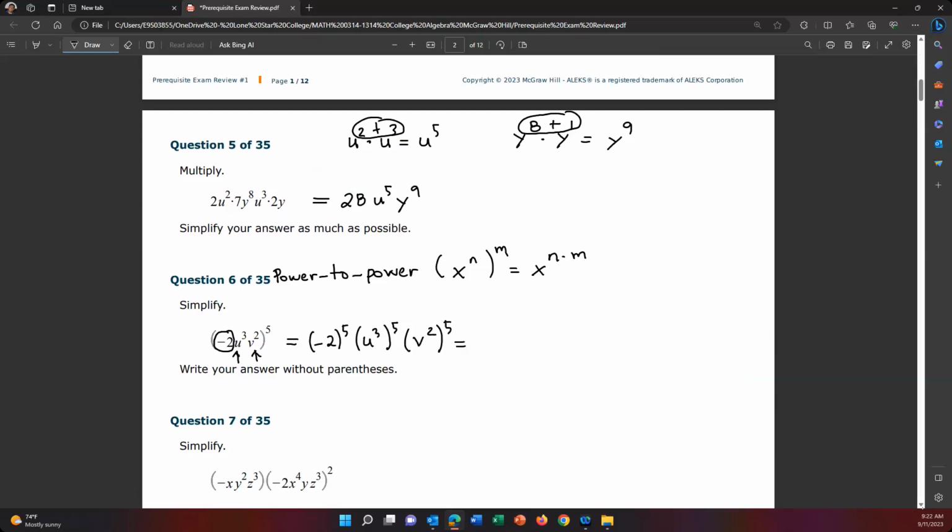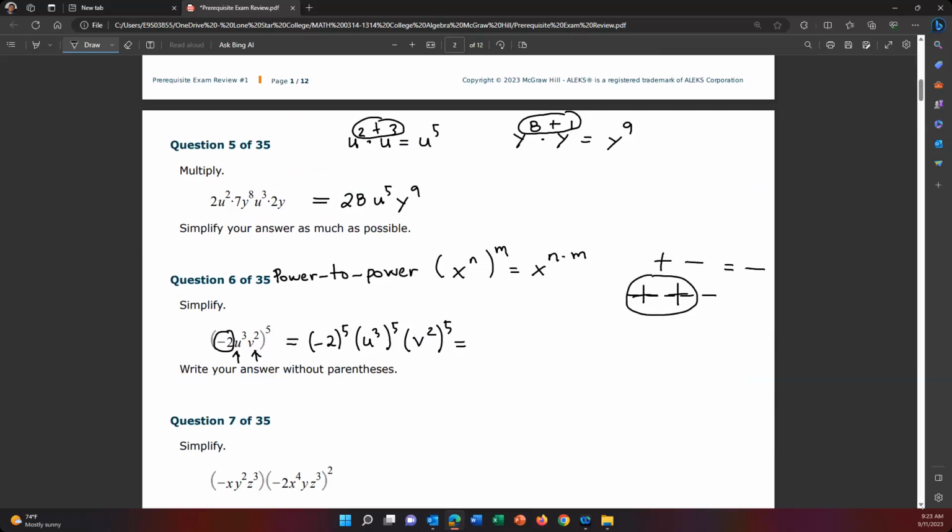Okay, so let's get this sign correctly. That will be negative times a negative times a negative times a negative times a negative. So we get positive out of these two, positive out of those two, positive out of those two, but here we have a negative, and positive times a negative will be a negative.